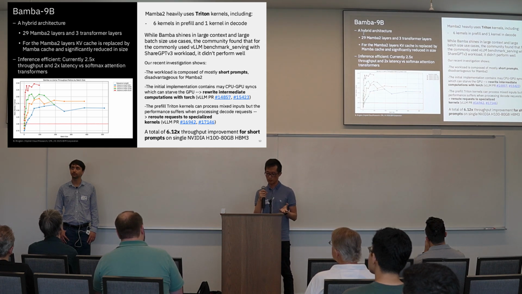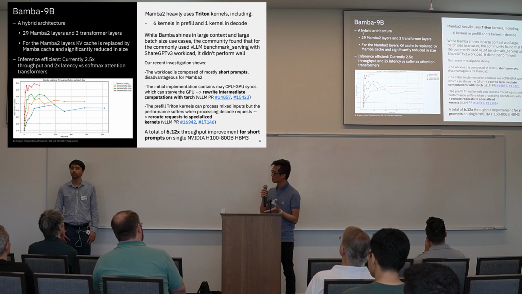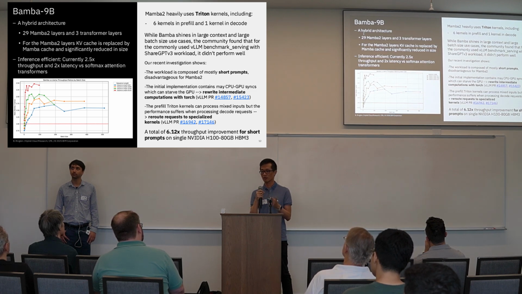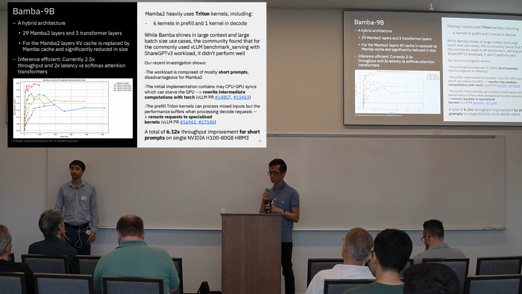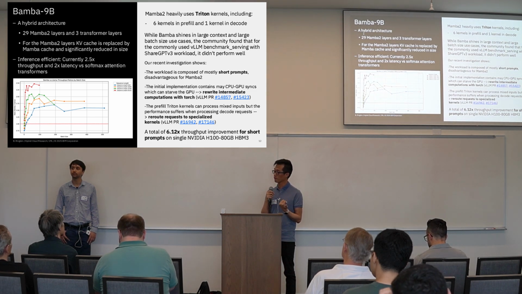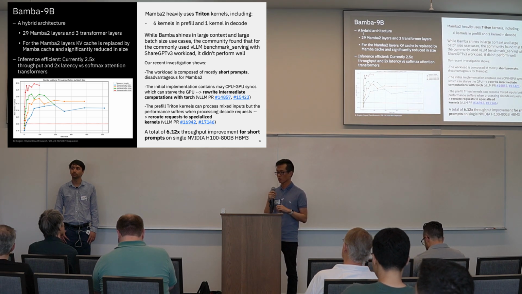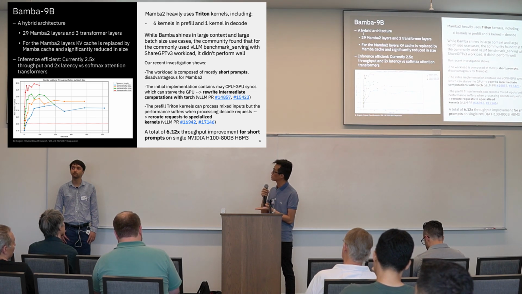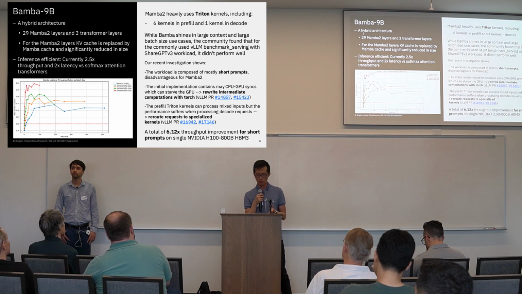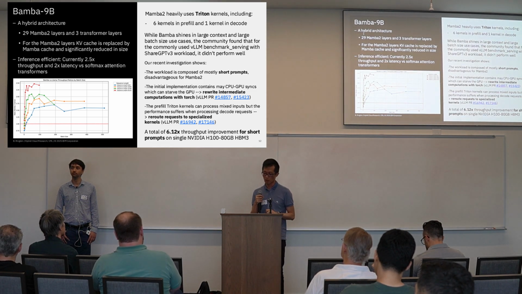Why is that relevant to Triton? Because the current vLLM implementation heavily uses Triton kernels, and there are actually 6 kernels for the prefill phase and 1 kernel for the decode phase. We did some investigation into why it doesn't do well for that specific test case, and we found that there are 2 problems with how the kernels are working right now.